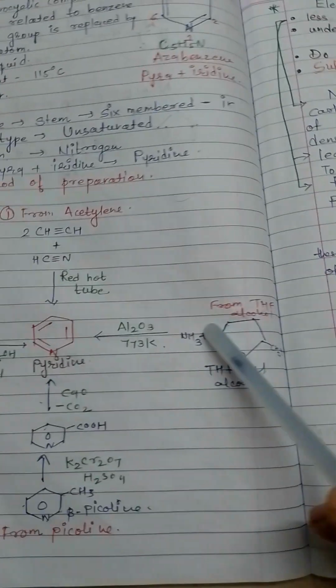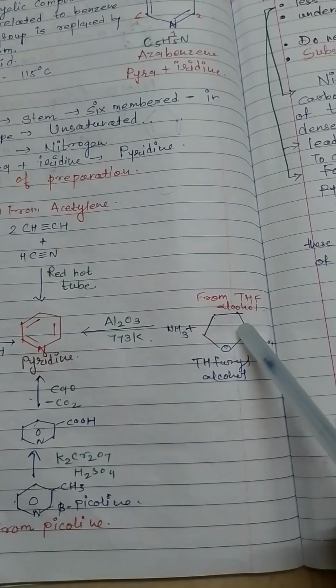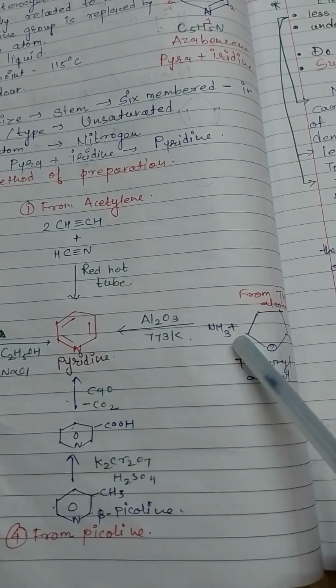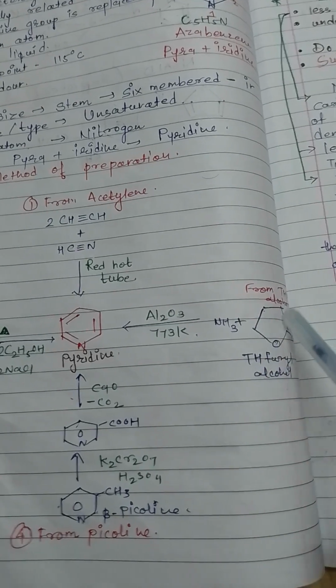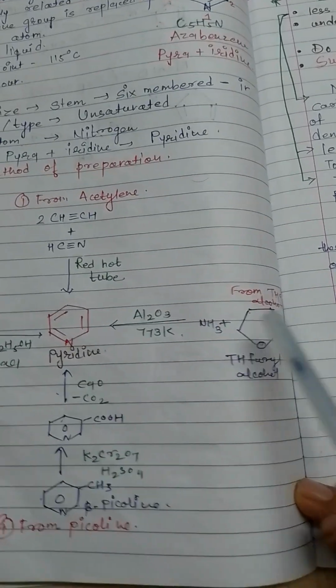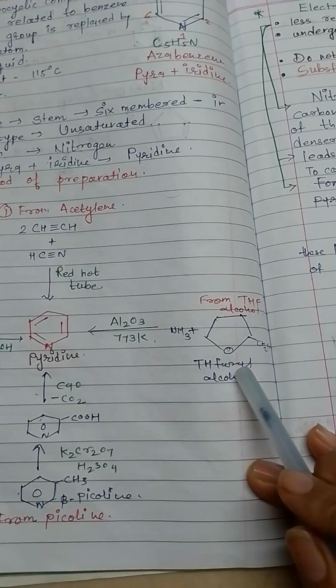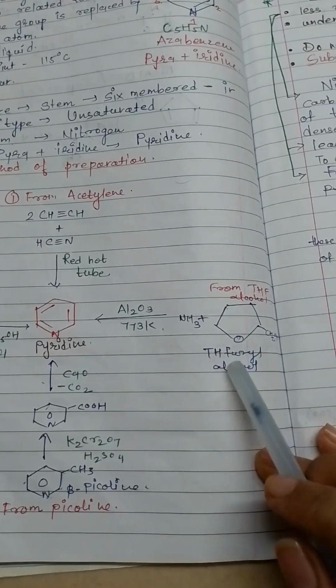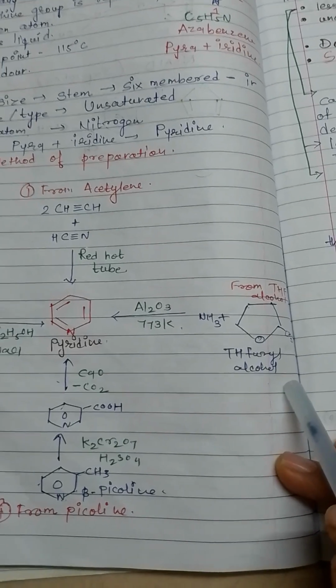Then the second one is from tetrahydrofuryl alcohol. 1, 2, 3, 4, all carbons are saturated, that's why it is tetrahydrofuryl CH2OH. Here the second position has CH2OH, that's why it is furyl alcohol.